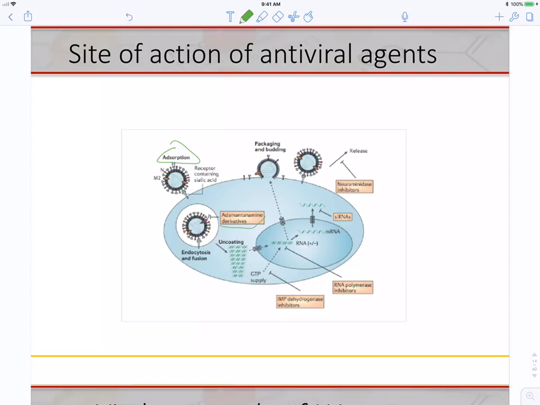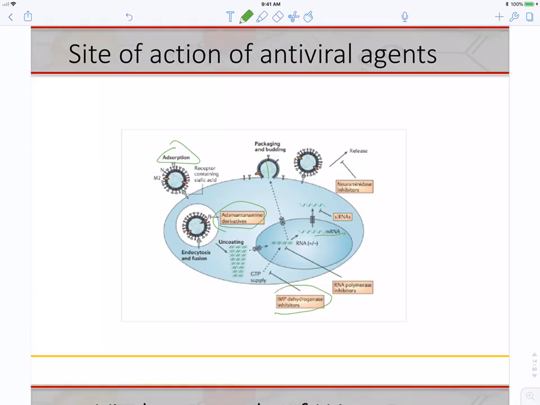And so we have adamantane derivatives that basically work to prevent this uncoating stage. Then we have, again, going from negative sign to positive sign RNA, messenger RNA that forms, and then we have repackaging and budding of the cell.